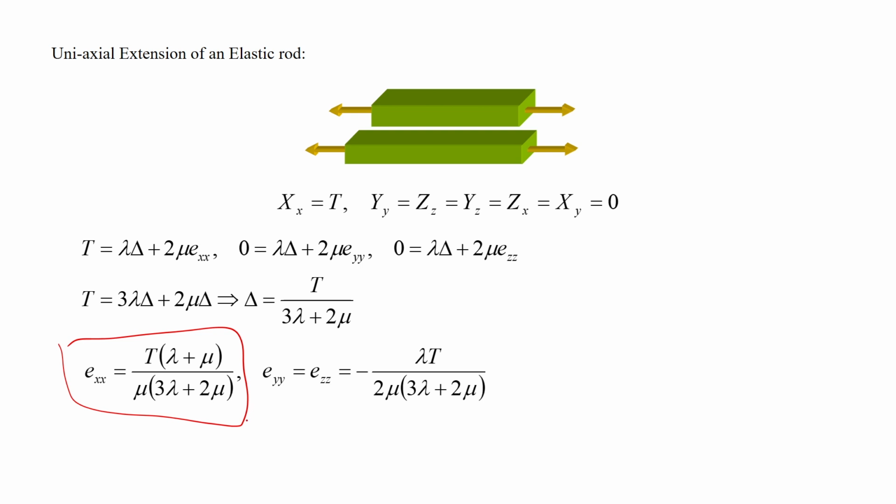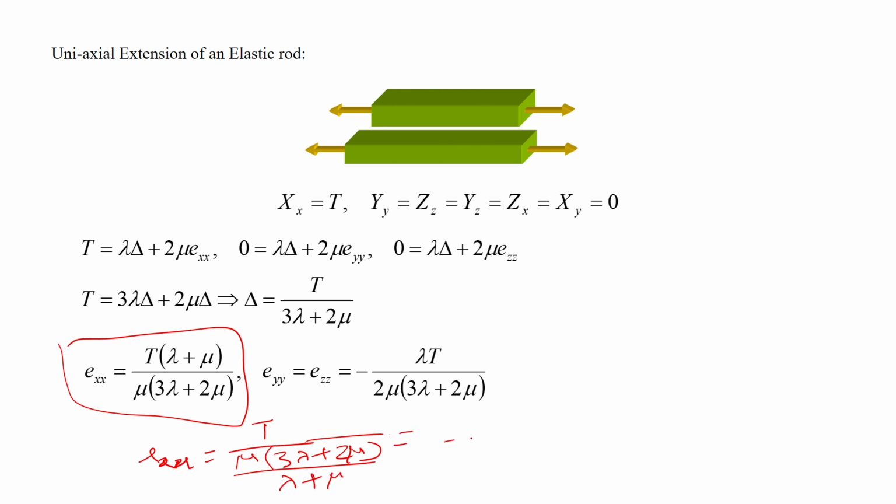So, here we can see we have got something like this: Exx is equal to T divided by mu into 3 lambda plus 2 mu divided by lambda plus mu.